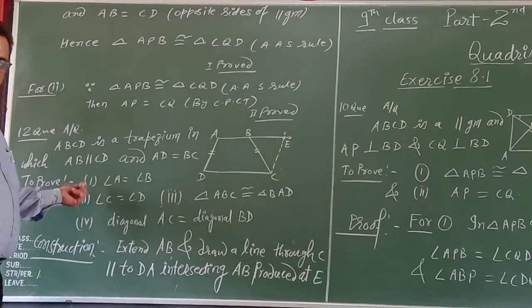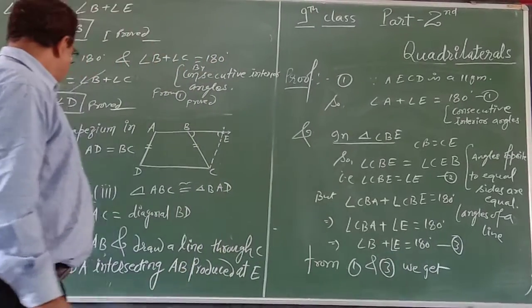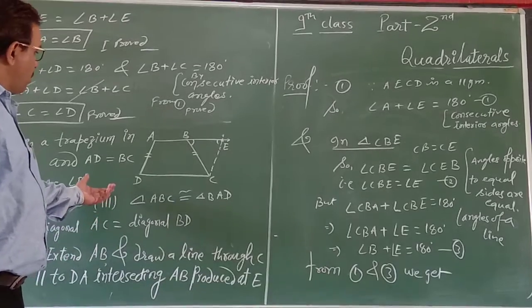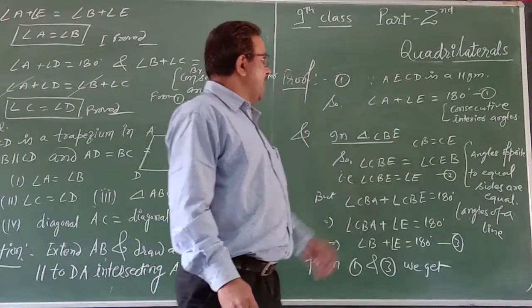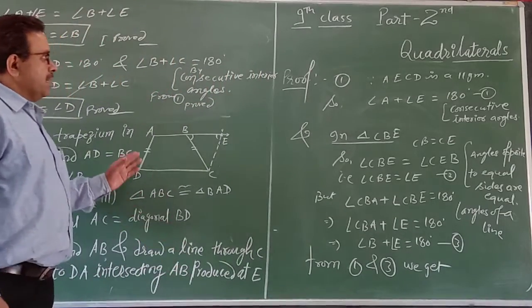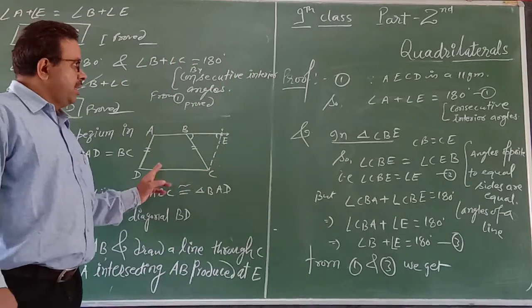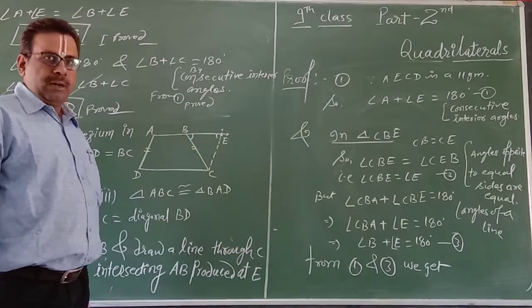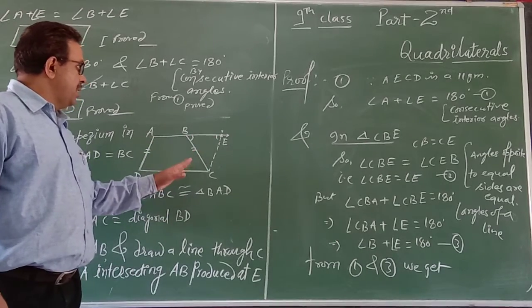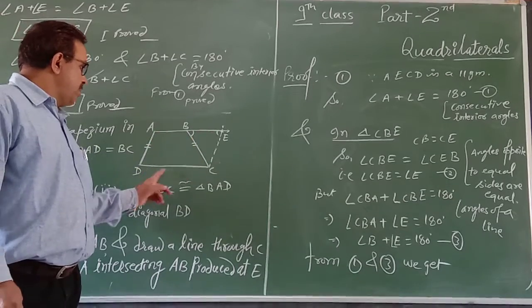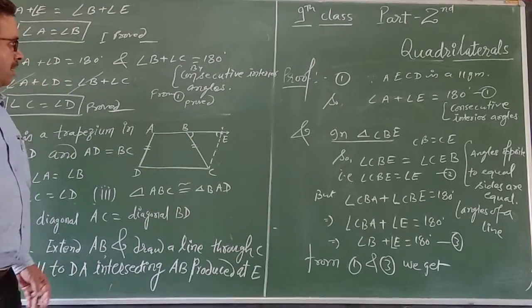Now, as we need to go for the first proof with the help of construction, we get quadrilateral AECD is a parallelogram. It is so by construction: DA parallel CE and AE parallel DC.